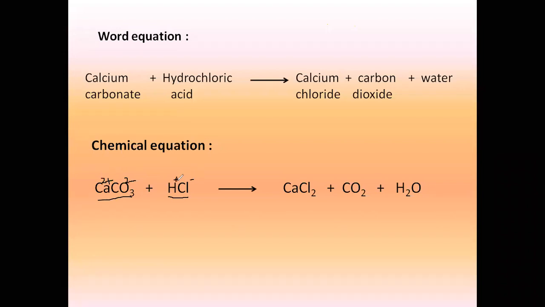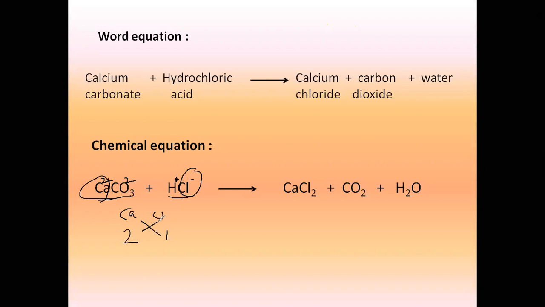So if new compounds have to be made, one positive, that is my Ca, is combined with something which is negative here. So Ca combines with Cl. The valency of Ca is 2, the valency of Cl is 1. So when I interchange, I get the formula CaCl2.